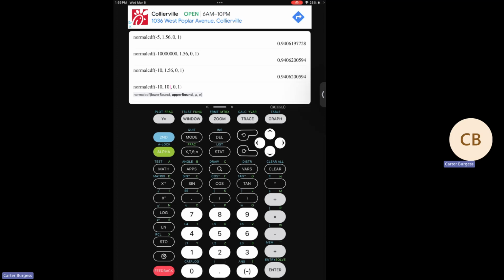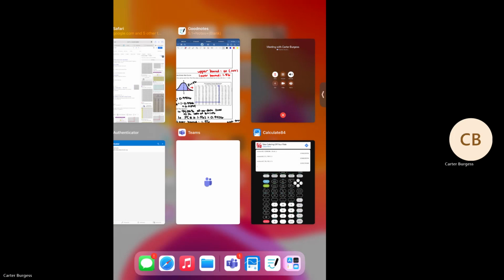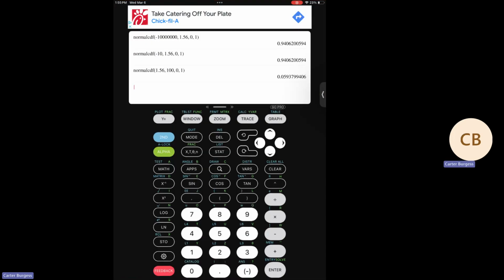We said that that's 100, that this is 1.56, and we get the exact thing that we predicted, which was 0.0594. Which is the same as 1 minus the area to the left, right? Exactly the same. And either way we go about doing this is totally fine.